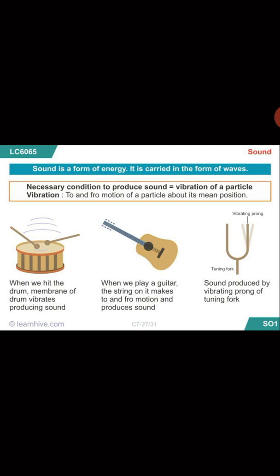As soon as you bang it, it starts vibrating, and as the tuning fork is vibrating, you can also hear sound. So, all these three examples indicate that vibrations create sound.